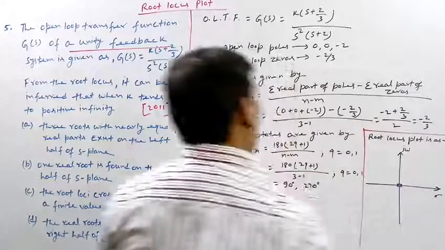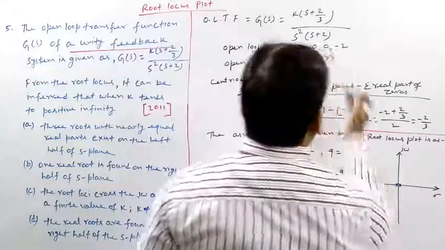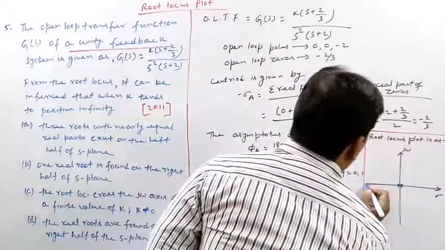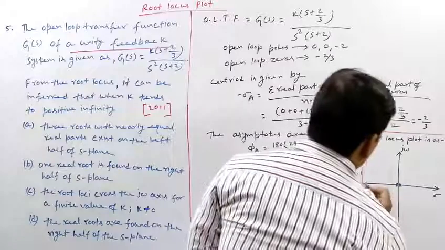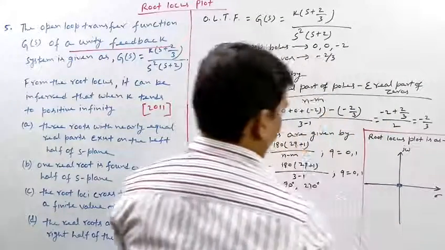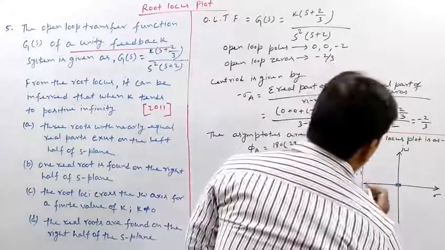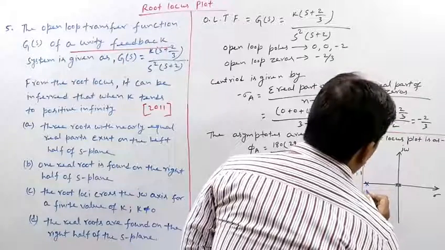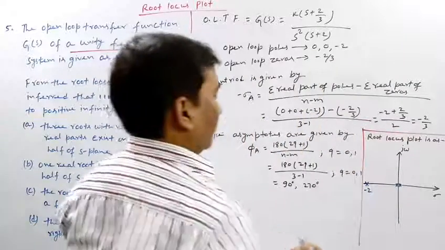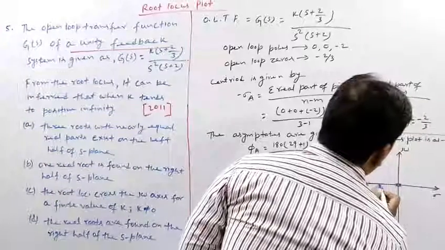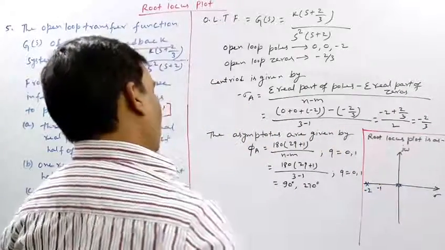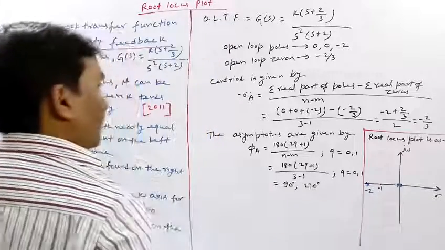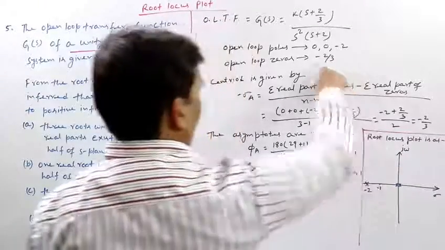And one pole is at minus 2. So let this be minus 2, this is minus 1. Now one zero is at minus 2/3.